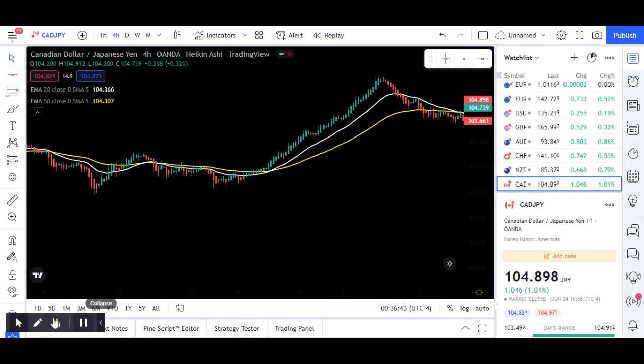So if you see all this space there, and you also want to make sure that there's space between the two EMAs, all the space here. That's what you're looking for. Space between the EMA and the price, space between the two EMAs. Okay, let's get rid of that.